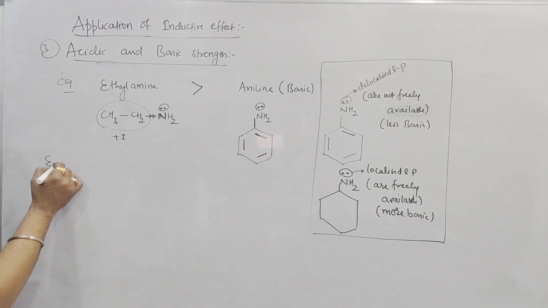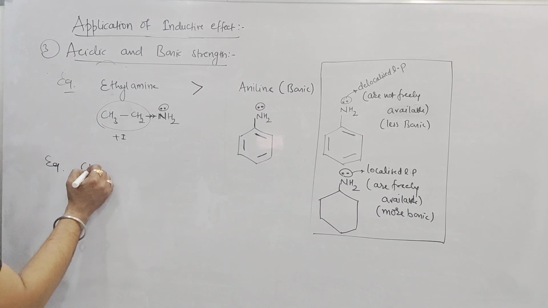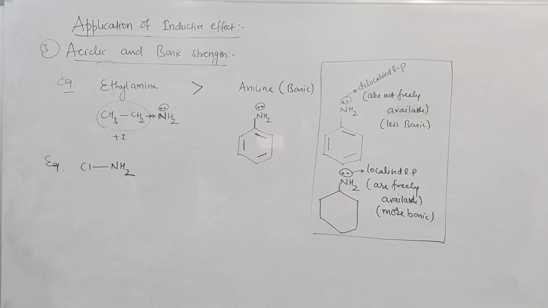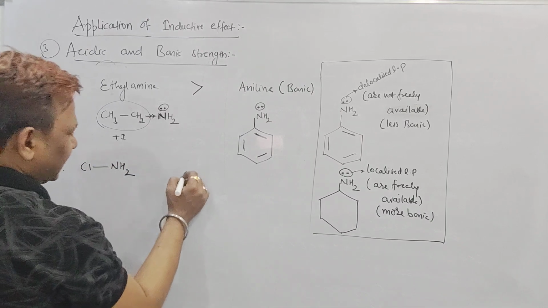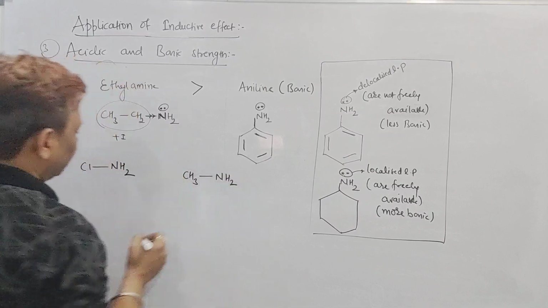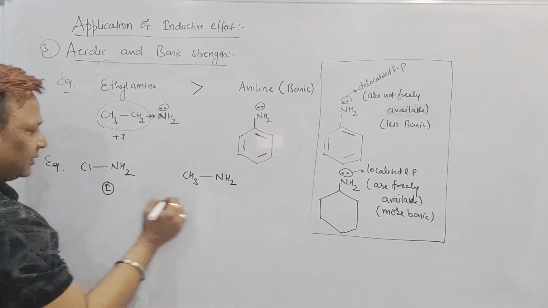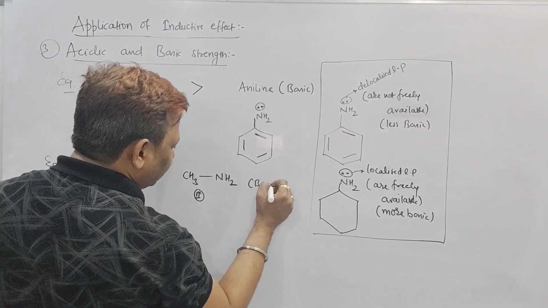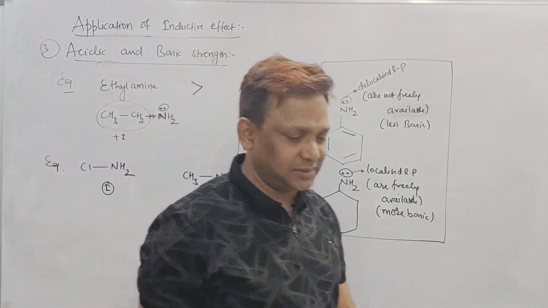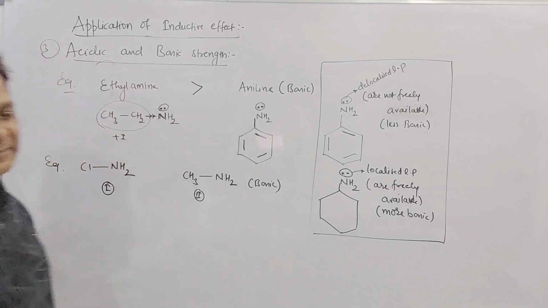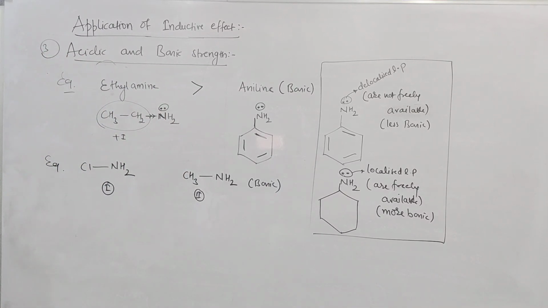But one more example I will tell you for the aniline concept. Let us say chlorine is bonded with the NH2 group, right? And CH3 is bonded with the NH2 group. Sir, compound number 1 and compound number 2, can you decide among these two which is more basic in nature? Yeah, beta, which is more basic?